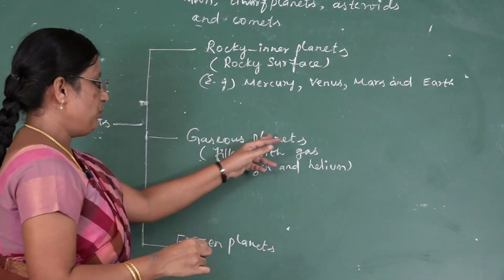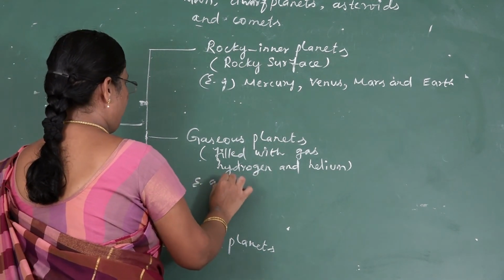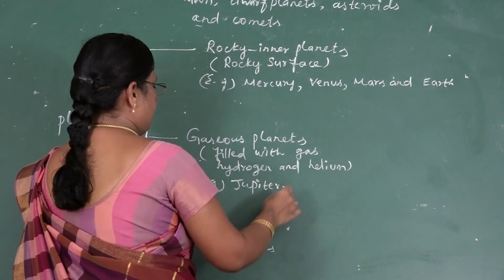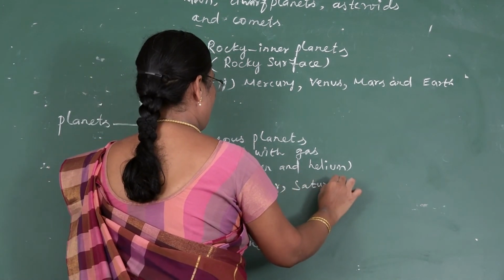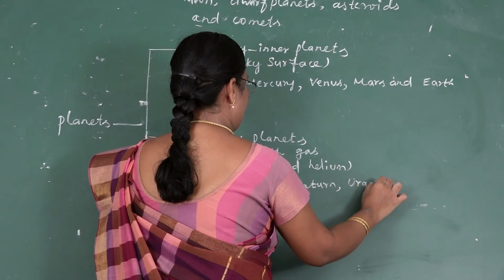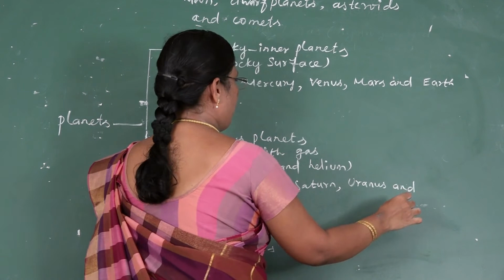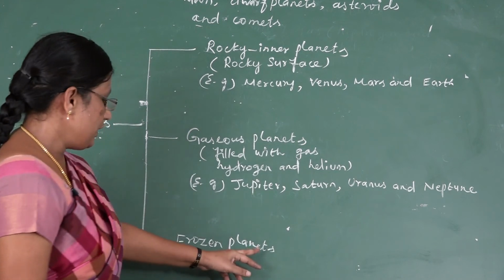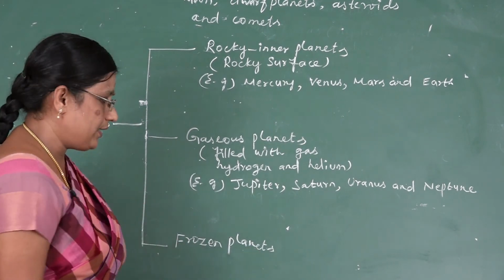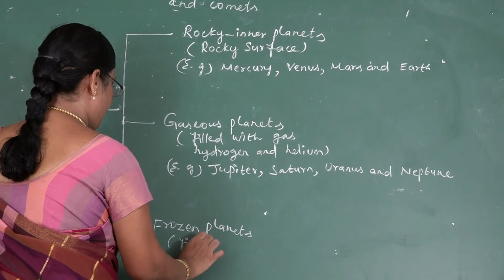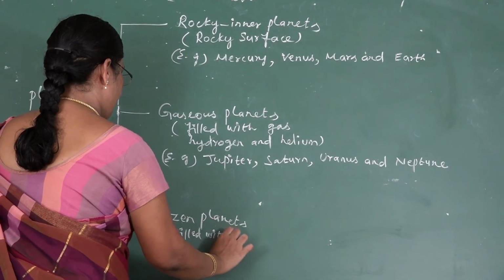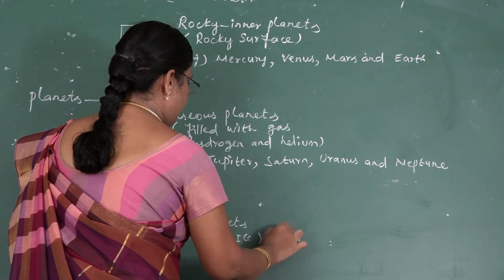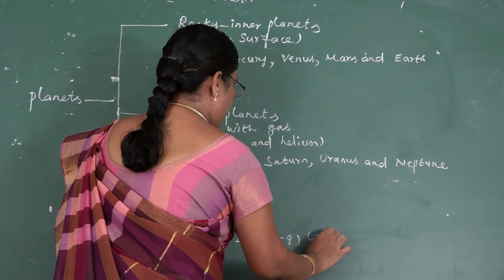The examples of the gaseous planets are Jupiter, Saturn, Uranus. The planets which are filled with ice are called frozen planets. Example for this, Uranus and Neptune.